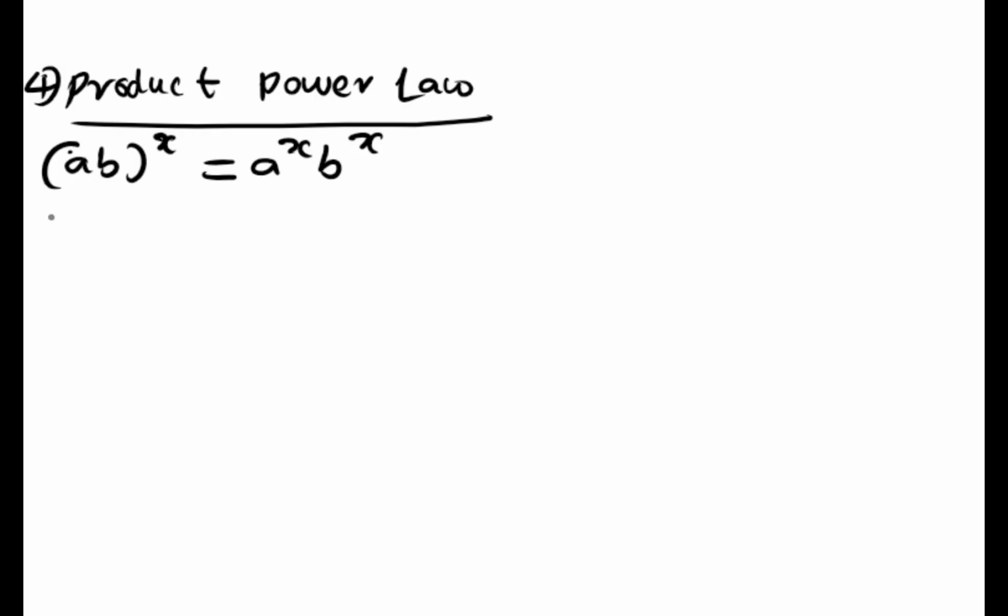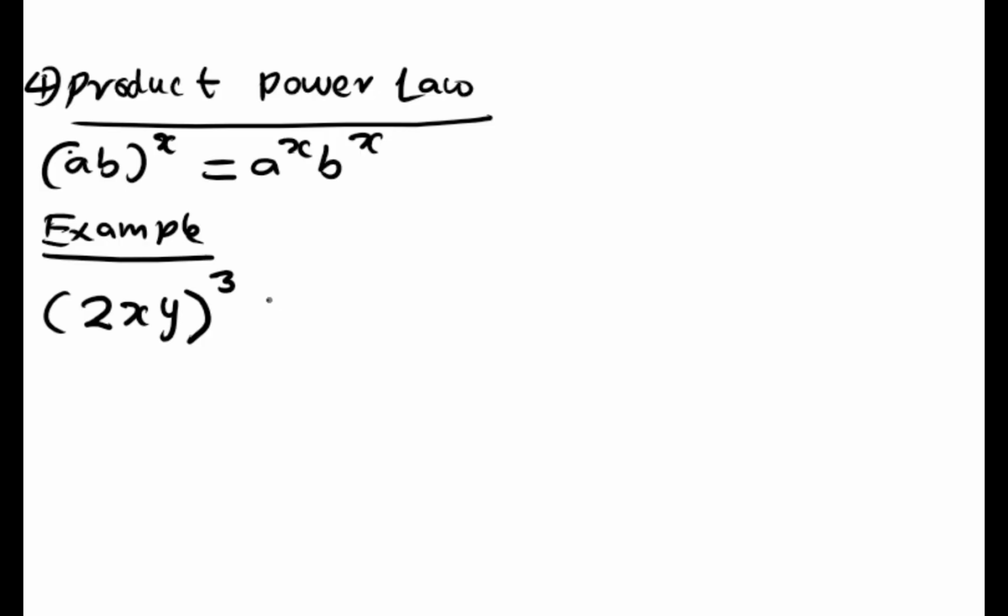Let's take an example. If you have 2xy inside the bracket, raised to the power of 3, we have to distribute this power to each of the different factors inside the bracket.